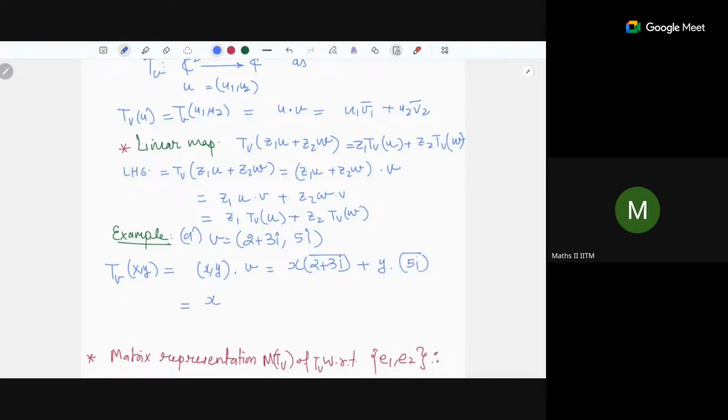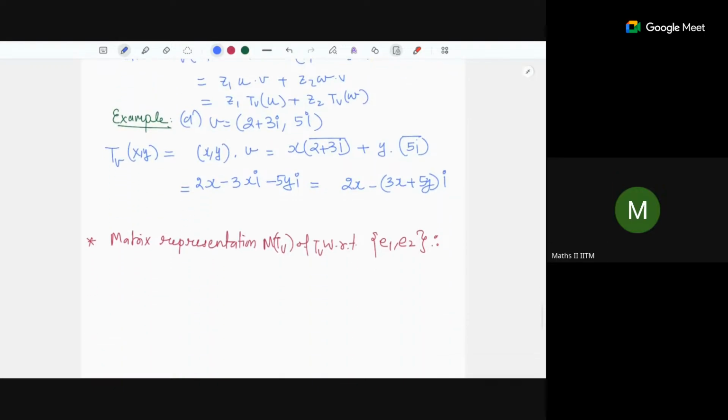So you will get 2x − 3xi − 5yi, which is equal to 2x − (3x + 5y) times i. So this is your map.